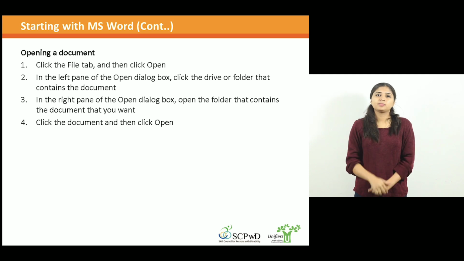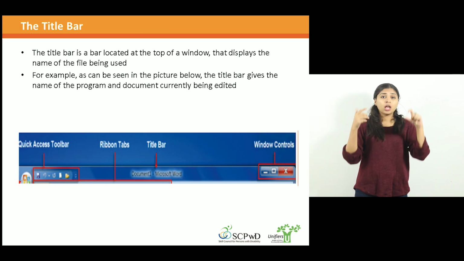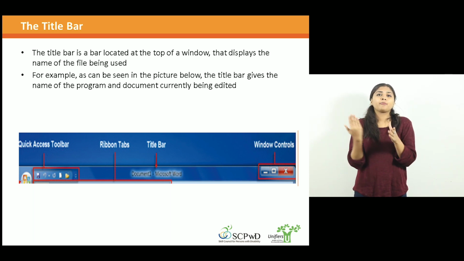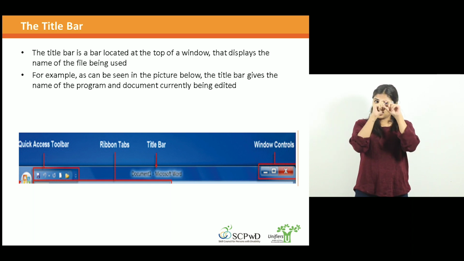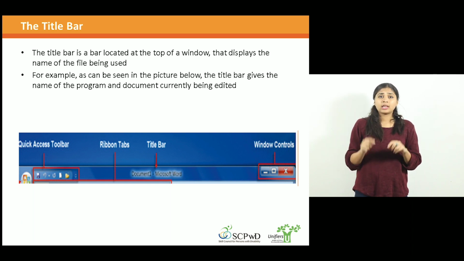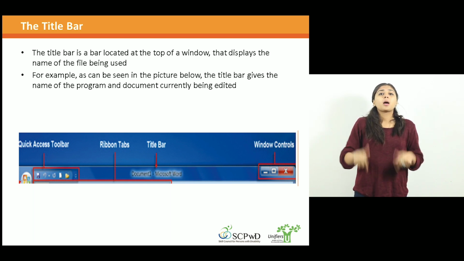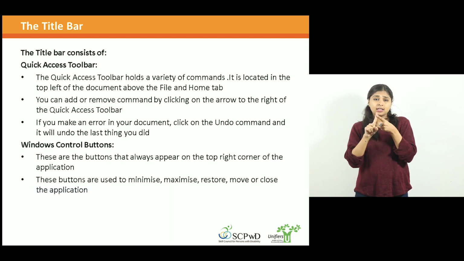The title bar. The title bar is a bar located at the top of the window that displays the name of the file being used. For example, as can be seen in the picture below, the title bar gives the name of the program and document currently being edited. The title bar consists of Quick Access Toolbar.